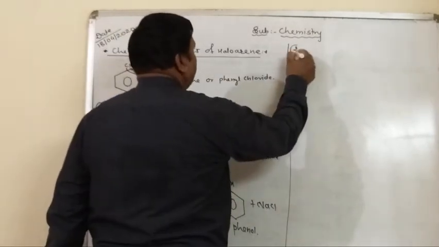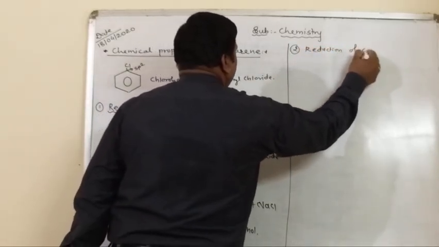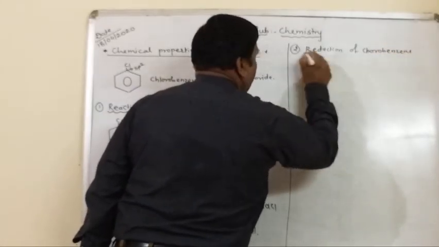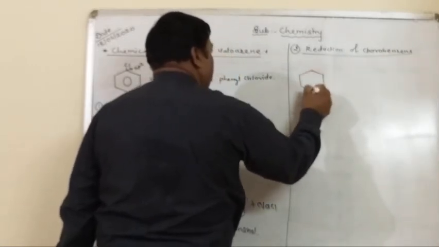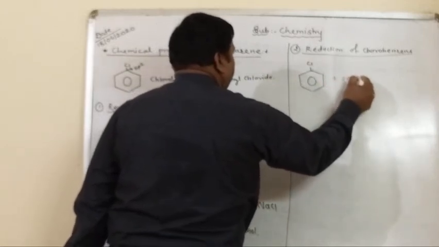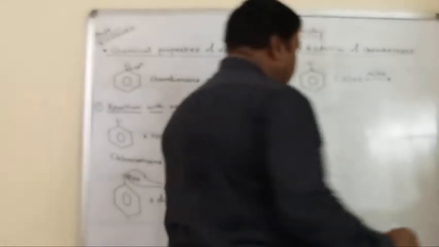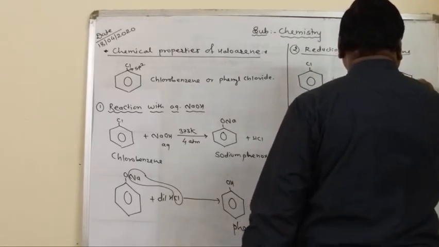Now the second one is reduction of chlorobenzene. When this chlorobenzene undergoes reduction by using nickel or tin, or any reducing agent, you will get which substance?